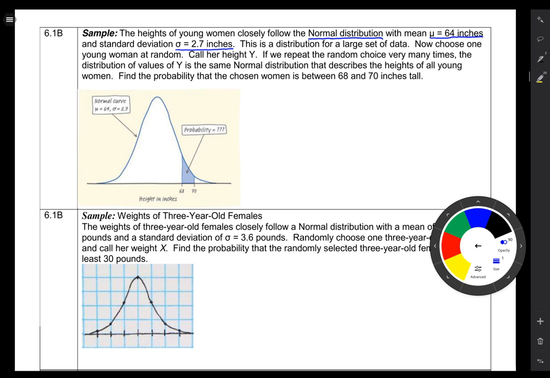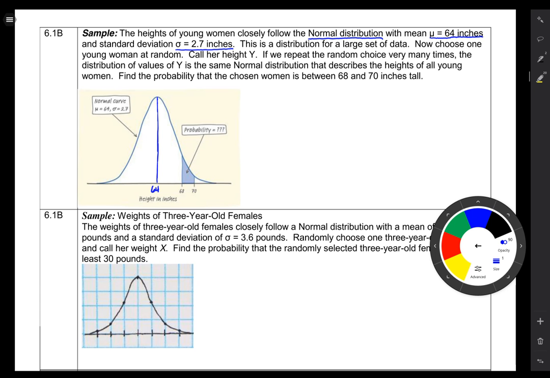Find the probability that the chosen woman is between 68 and 70 inches tall. Here we have our mean, sketching that in. The mean is 64 inches, and our standard deviation is 2.7 inches. We are asked to find the probability indicated with the question mark.